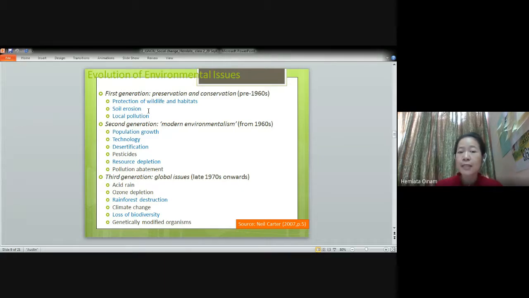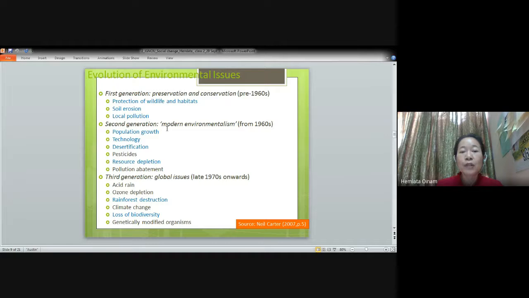But if you look at the second generation, then there is a level up to understand environmentalism or to look at the concerns associated. That already started from the 60s, where people were becoming more conscious about population growth and how it has brought different issues and problems to the environment, and how technology plays an important role in bringing different issues or solving environmental issues.